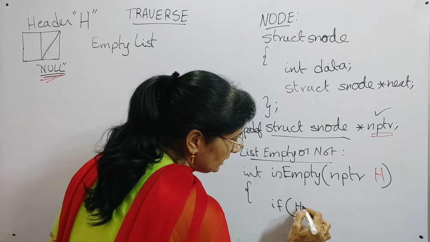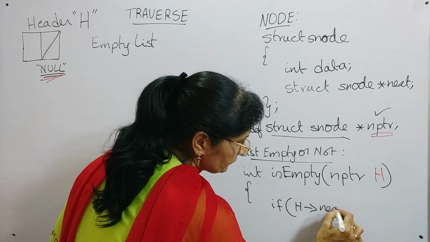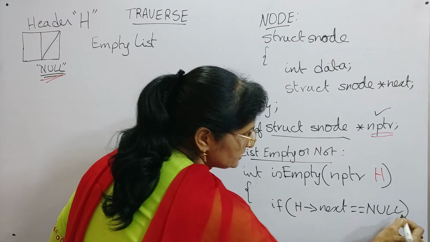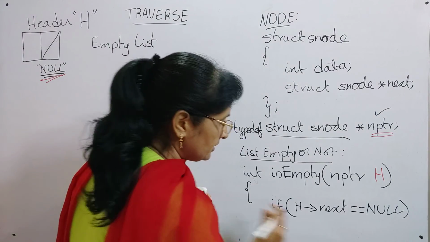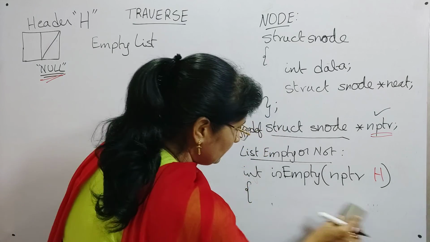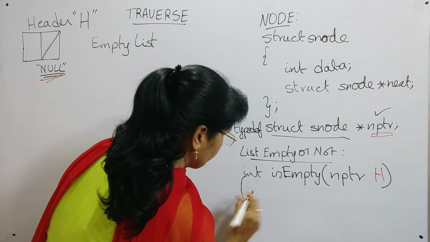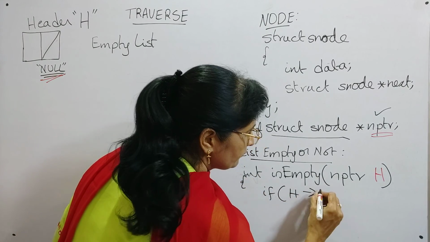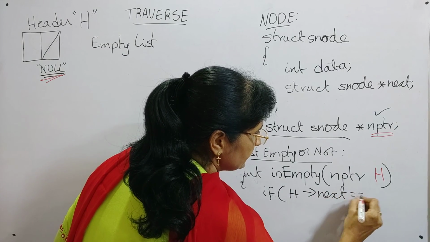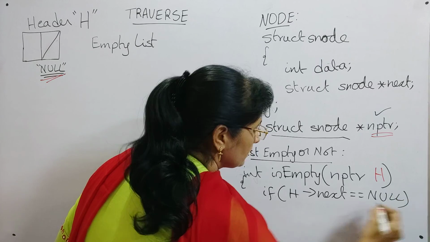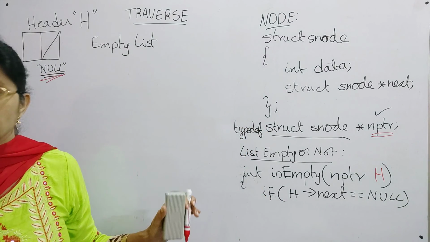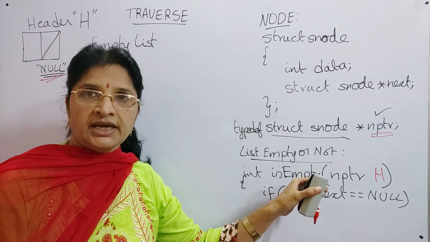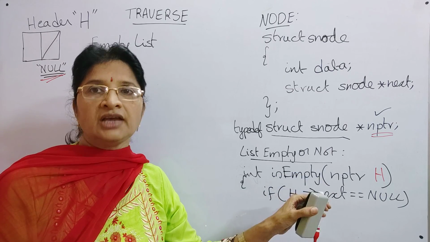Here you can say: if H next is double equal to null, then we say that the list is empty. So that means we are checking whether the list is empty.